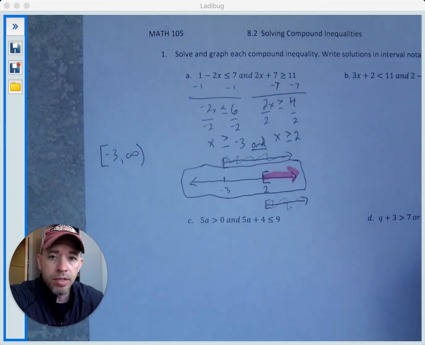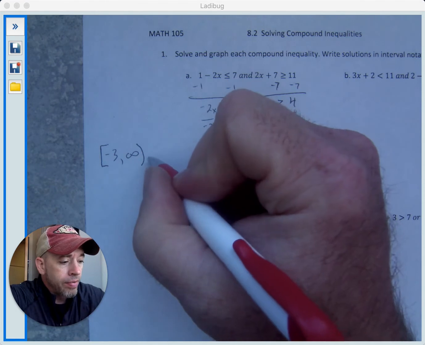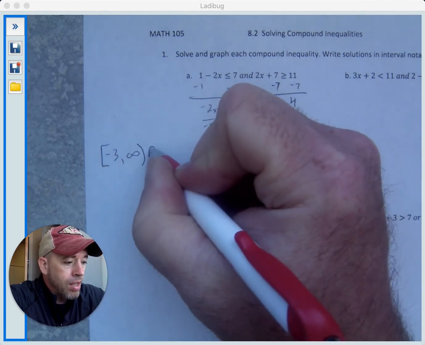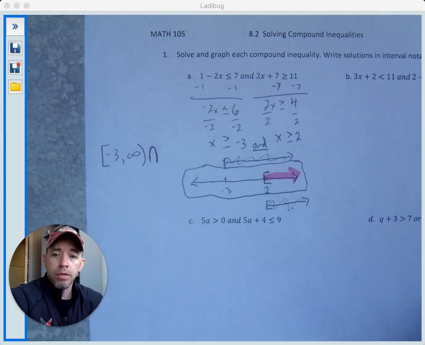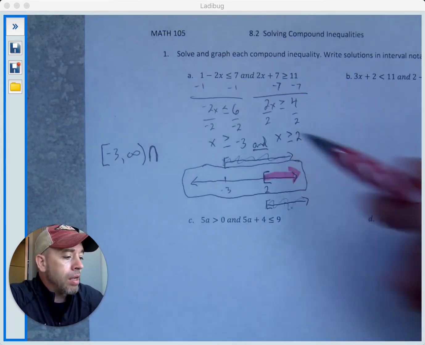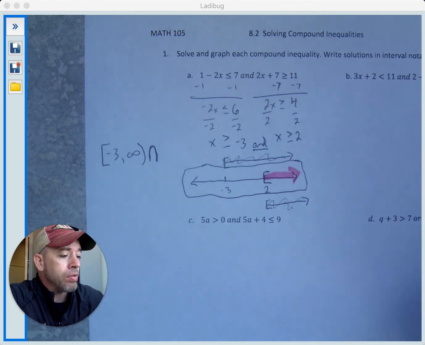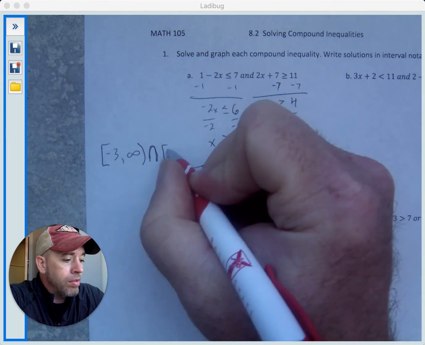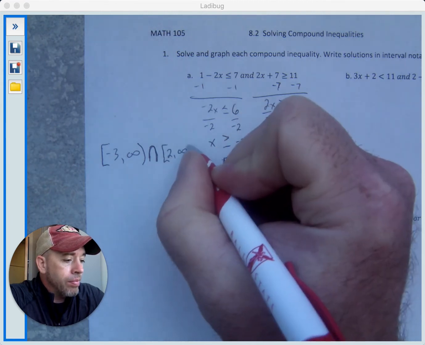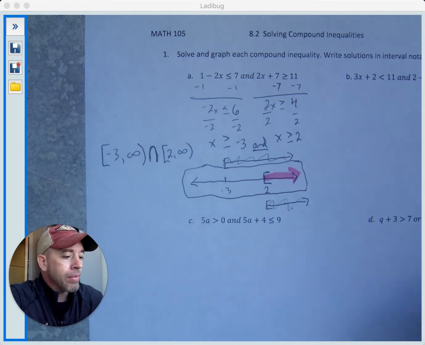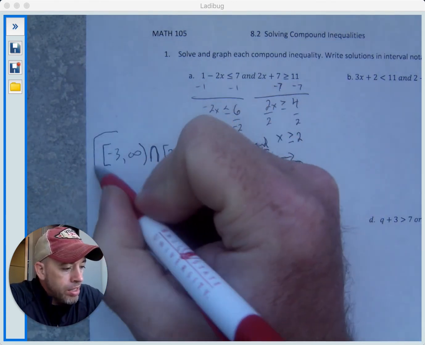In mathematics, the intersection symbol is an upside-down U, and that symbol will be available to you in the tool pad on MyLab. And then this one is x is greater than or equal to 2. Same kind of thing, but this time we have 2 to infinity. Equal to bar, so we need the bracket. So this would be the interval notation that you would write.